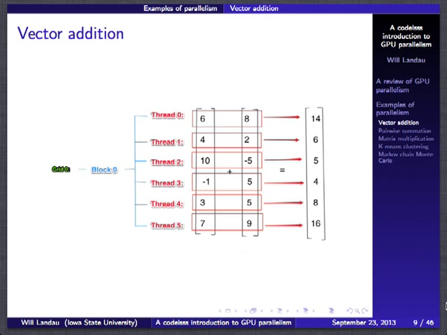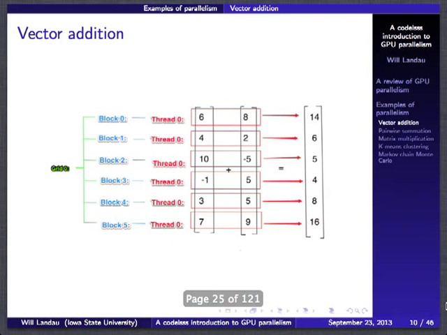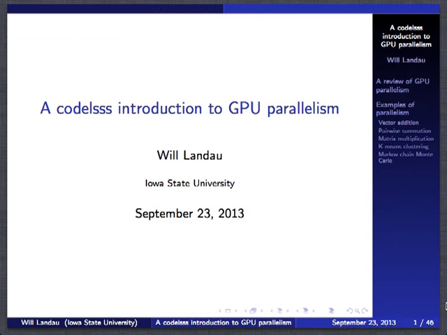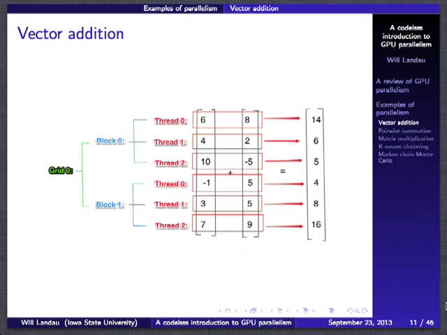I could also do it like this, where in my grid, I could have 6 blocks. I could have 1 thread each, and then that would accomplish the same thing. Or I could have 2 blocks, 3 threads each.